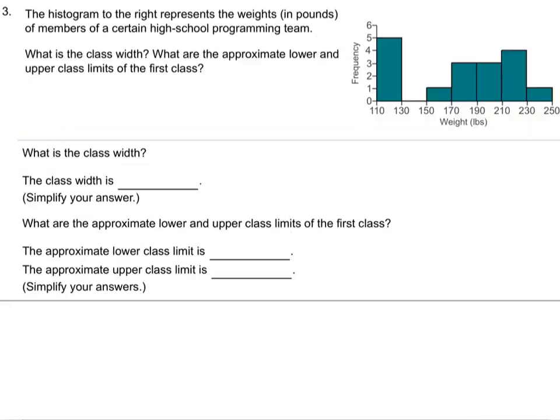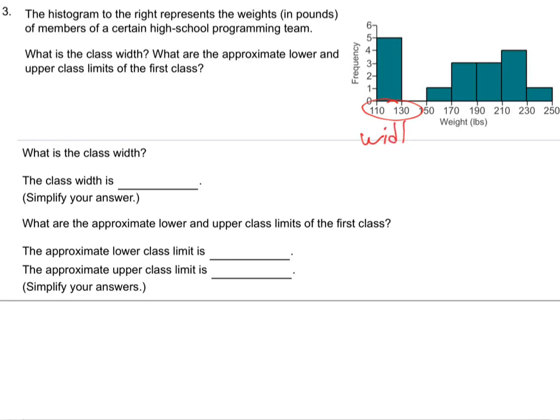All right, I'll move on. Number 3. The histogram to the right represents the weight in pounds of the members of a certain high school programming team. What is the class width? How do we find that? It means how wide each bar is, the gap.